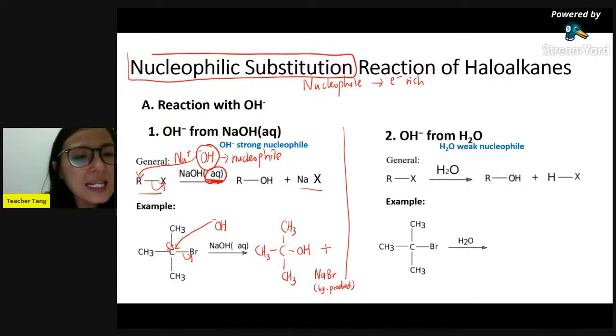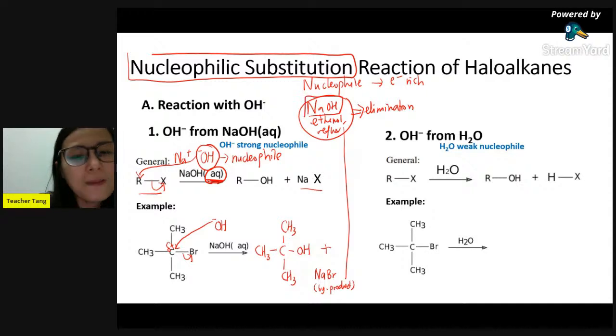But if it is sodium hydroxide in ethanol and reflux, this is not nucleophilic substitution. This is for elimination. Remember, in elimination of haloalkane, we need base.